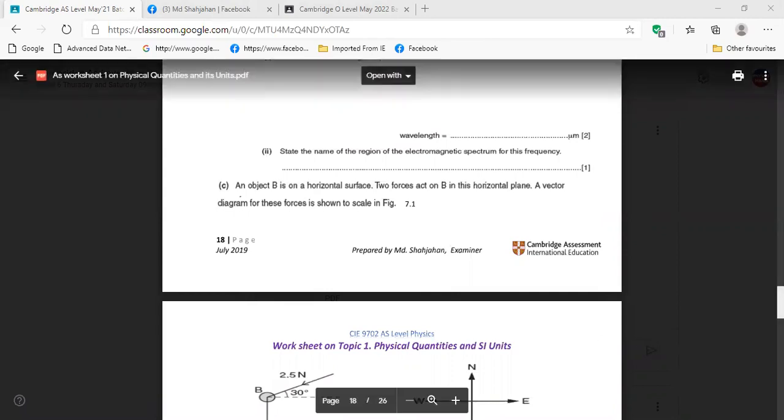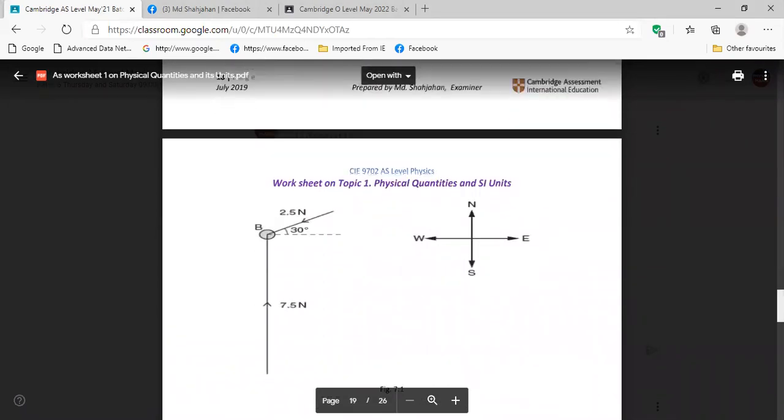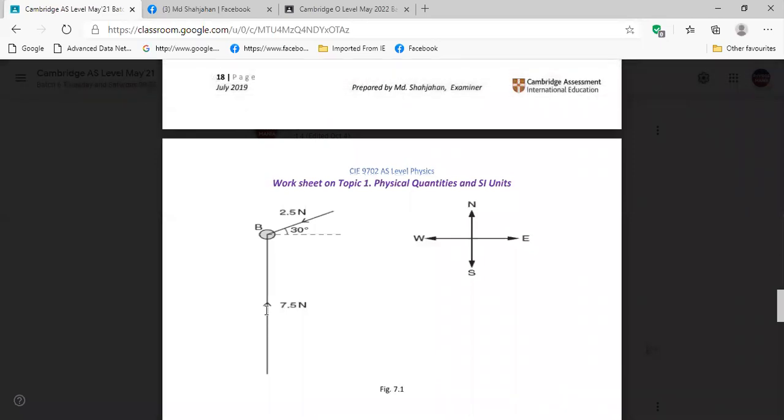Okay, so here we have two forces, right? These forces are not like the previous one. Directly you were getting the resultant and making the parallelogram rule.